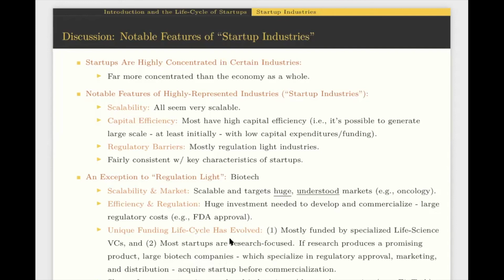Right. So we tend to see this kind of pattern with biotech startups. Biotech startups are mainly funding research and trying to develop a promising drug.